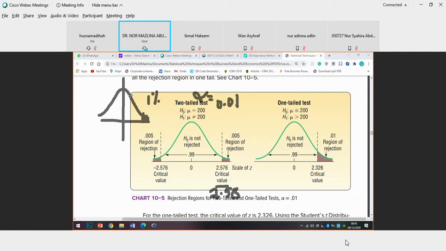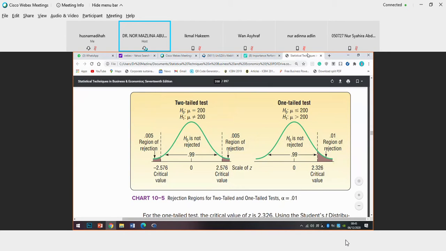So how many percent are you left with from here to here? 99%, right? Do you see what it shows? All this part is 99%, while this part is 1%. Okay, do you see?